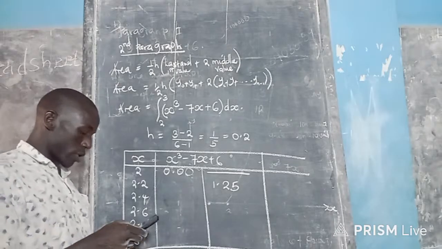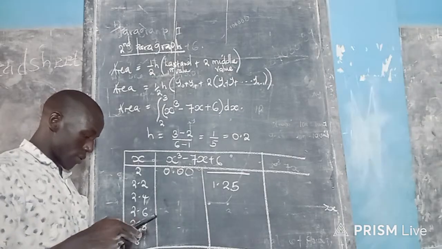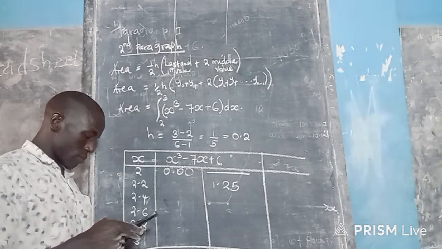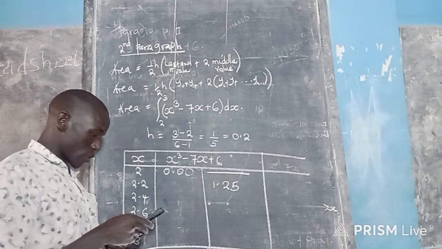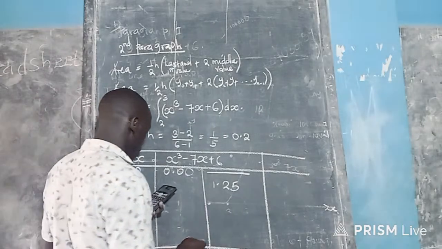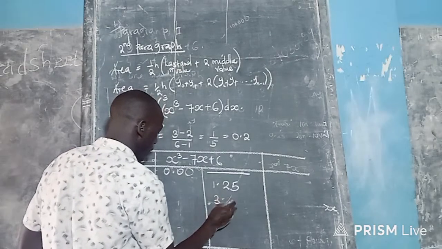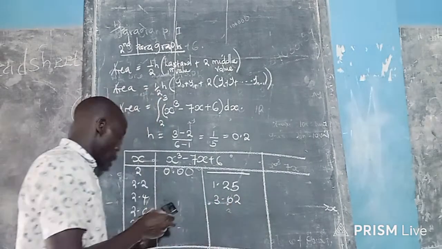Go to another one, that is 2.4. So for 2.4 to power 3 minus 7 into 2.4 plus 6, this is 3.02.